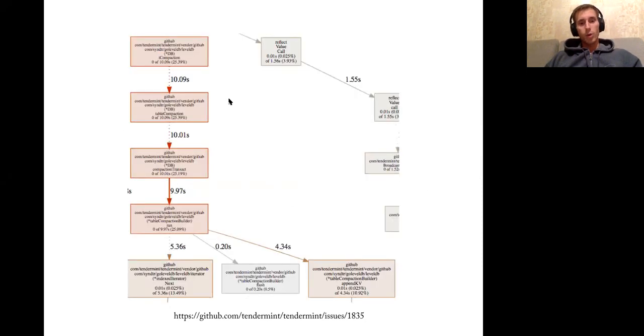And I did a profile. I profiled this piece of code, and you can see that in this particular example compaction takes 10 seconds.